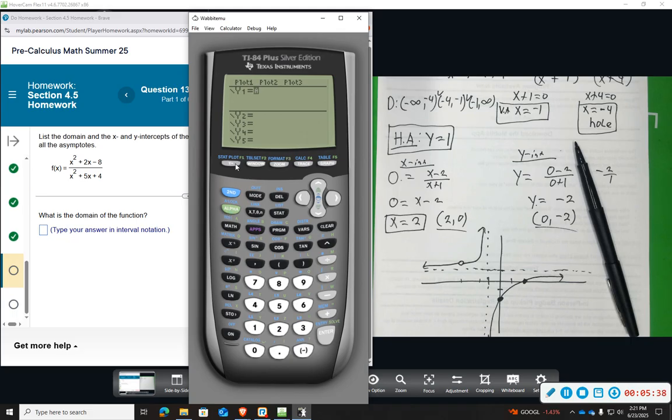I'm going to go alpha y equal enter to make the fraction bar. x squared plus 2x minus 8 over x squared plus 5x plus 4.